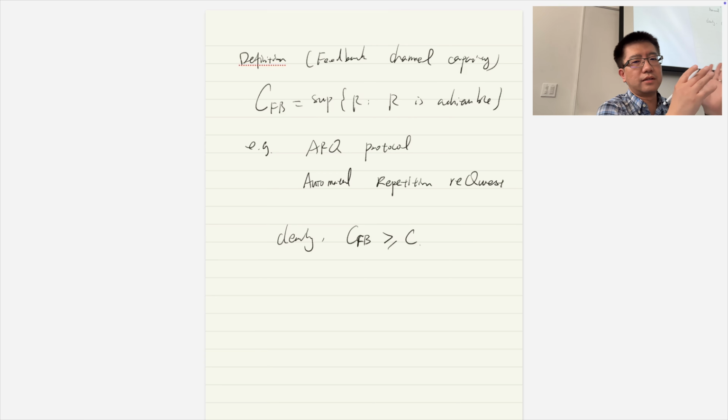Who thinks C_FB is bigger than C? I don't know if it would always be bigger. That's great. Yes, and let me give you more constraint here. Now we're considering a point-to-point discrete memoryless channel. In this case, is that going to be useful or not?